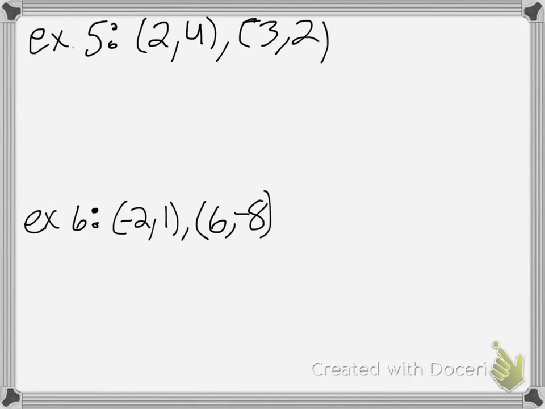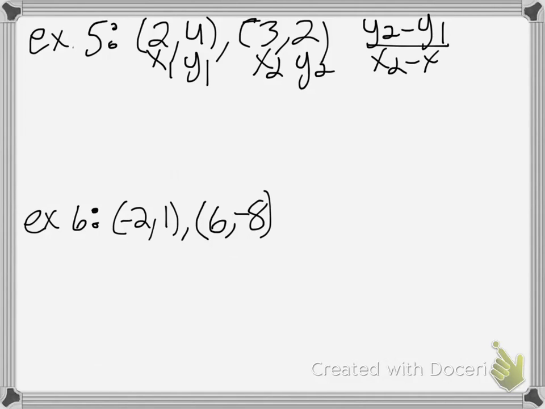So right here we're given 2 points. This is x1 and y1, x2 and y2. Now we're going to use the slope formula here, which is y sub 2 minus y sub 1 over x sub 2 minus x sub 1. You can also graph these to find the slope. So we're going to plug it in.